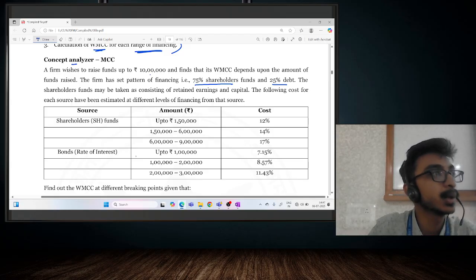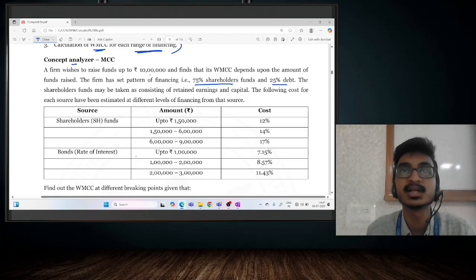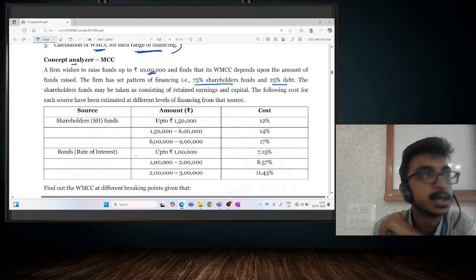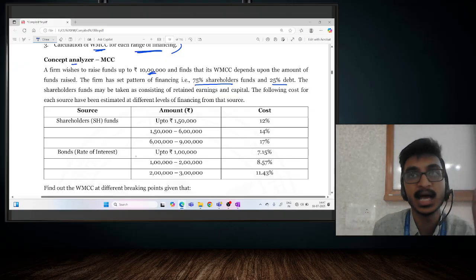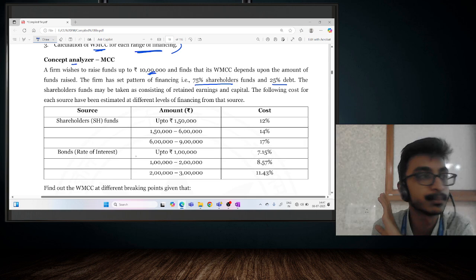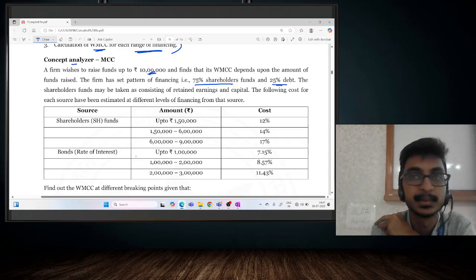We have to determine the weights, right? So the first step is already solved in the question. In the question itself, they have clearly mentioned, out of this 10 lakh rupees, 7,50,000 is shareholders fund, which includes both equity share capital as well as preference share capital, and 25% is debt.